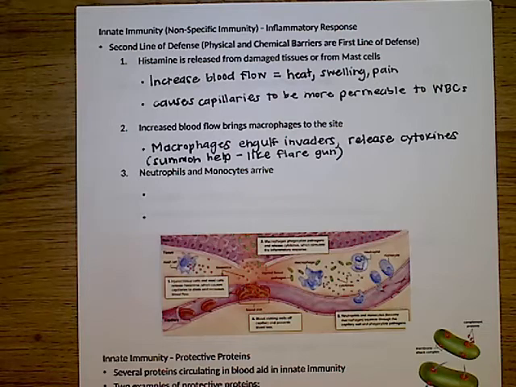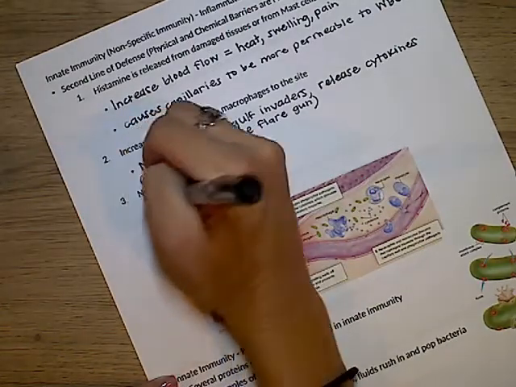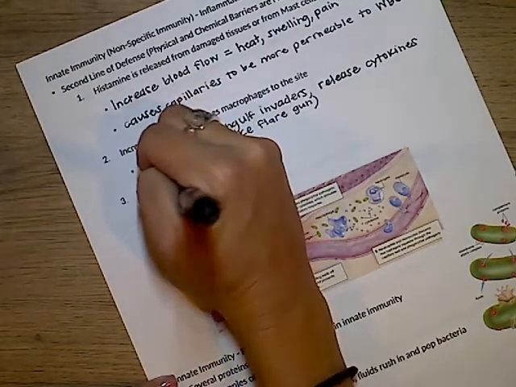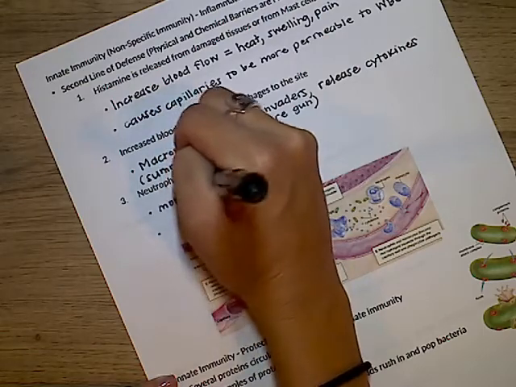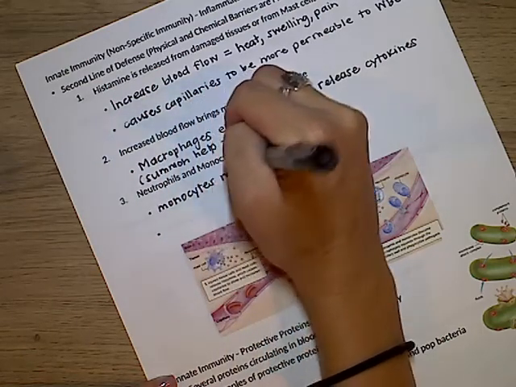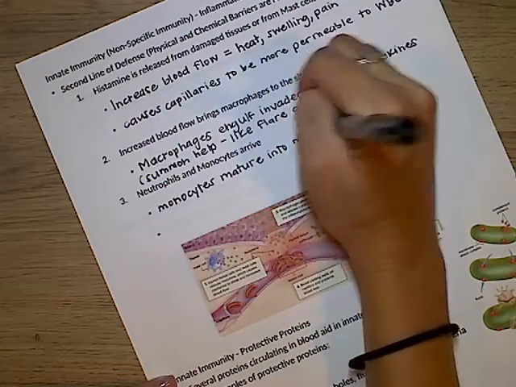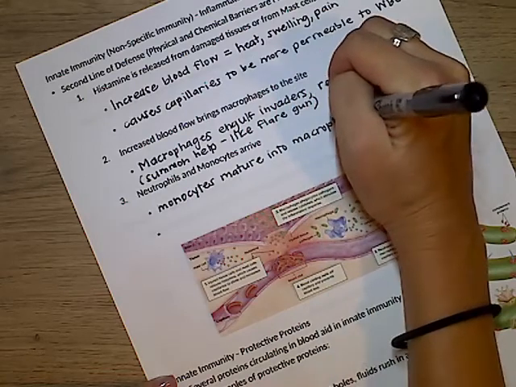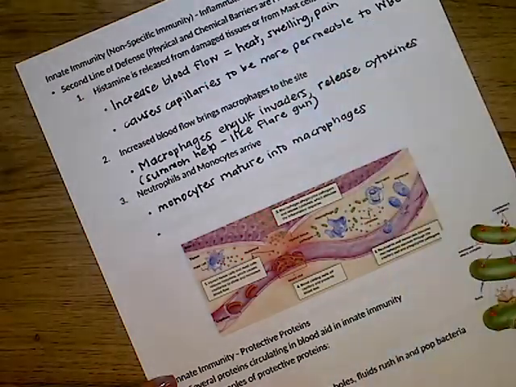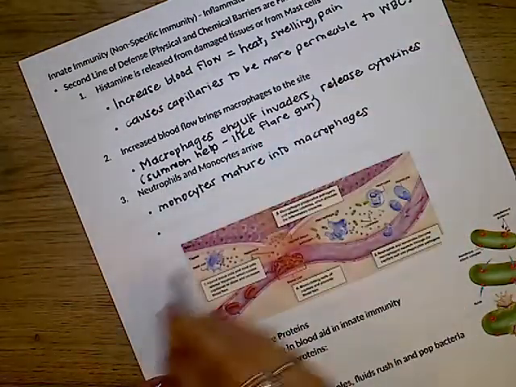Also, you're going to have neutrophils and monocytes arrive. So the monocytes will mature into macrophages. Which remember engulf invaders and release cytokines.